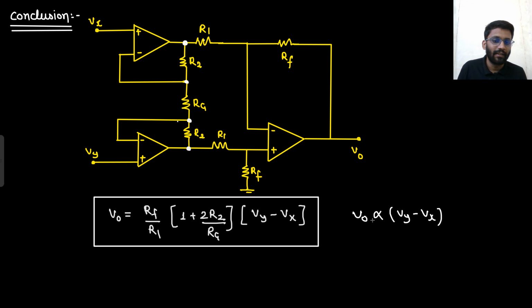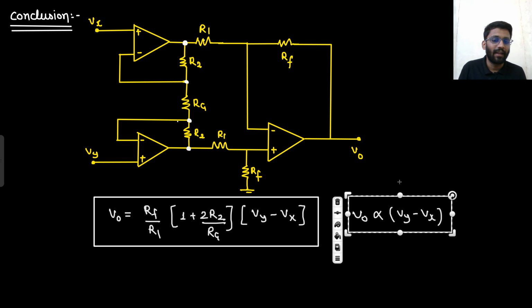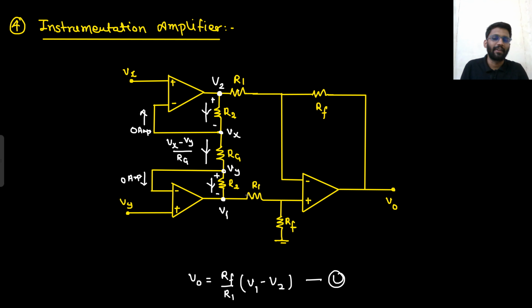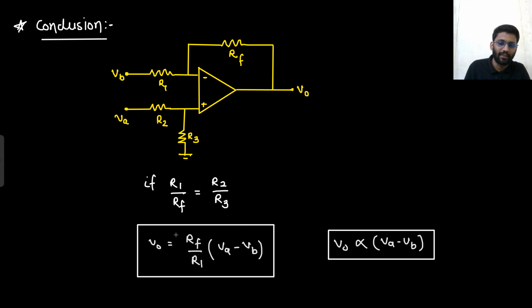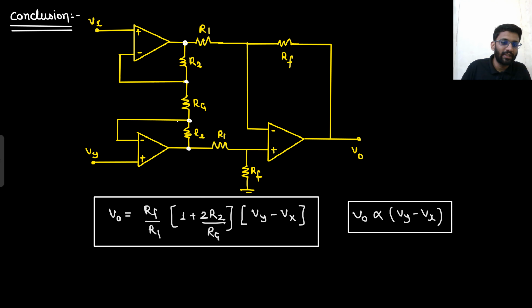But in the differential amplifier, what was the amplifying factor? That was Rf by R1. What is the amplifying factor here? Rf by R1 into 1 plus 2R2 by Rg. Which is larger?